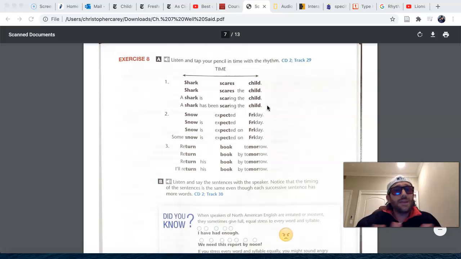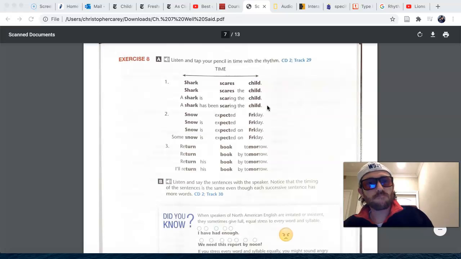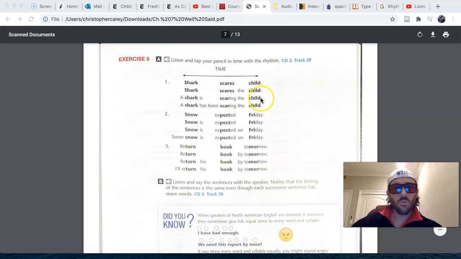And regardless of how many there are, it doesn't take away from the general up-down pattern that we have in English, this rise and fall between stressed content words and unstressed function words. And you can see those function words here in exercise 8. So you can listen to CD2 track 29. We'll go through it together and listen for those function words and notice how unstressed, de-emphasized they are.